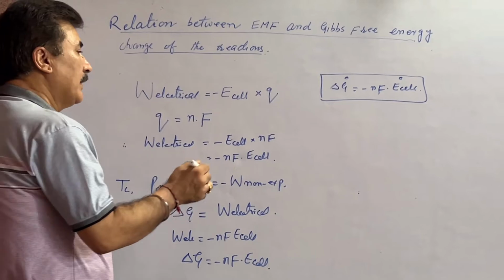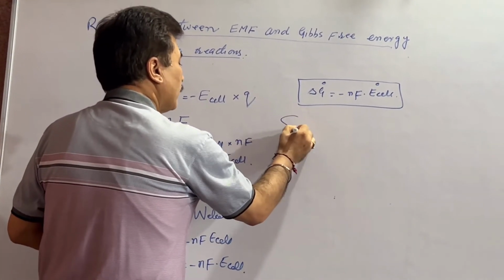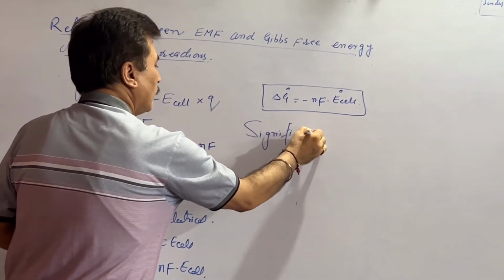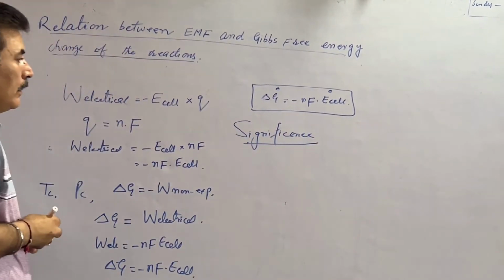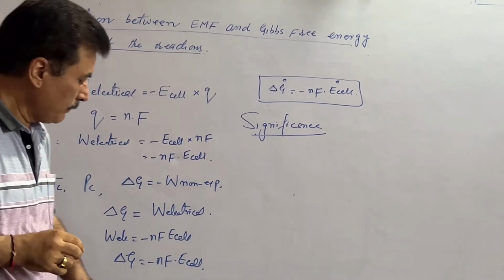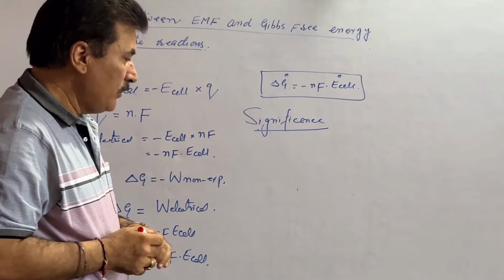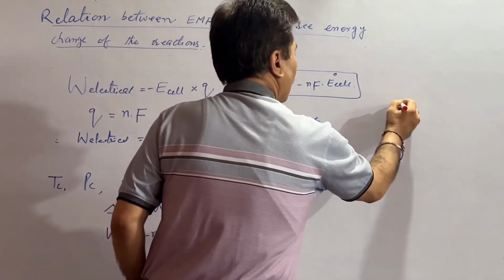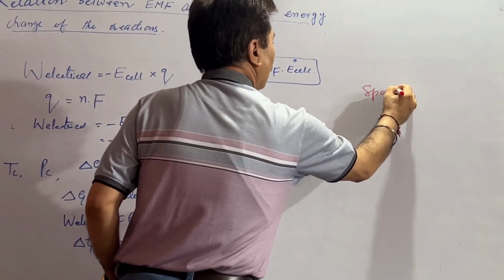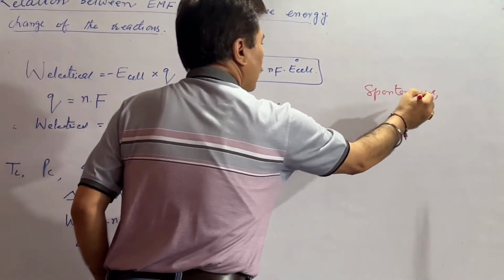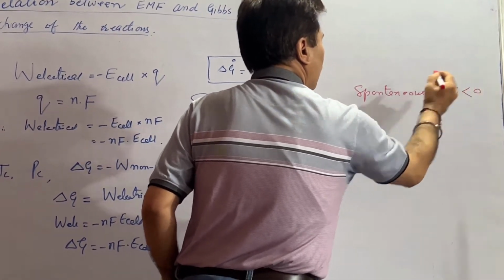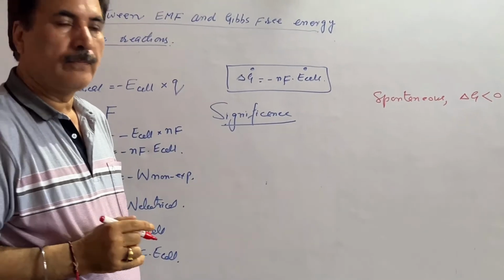Now there is a significance. What is the significance of this relation? Before significance, we should know one thing. A process is spontaneous if delta G is always less than 0, that is negative.